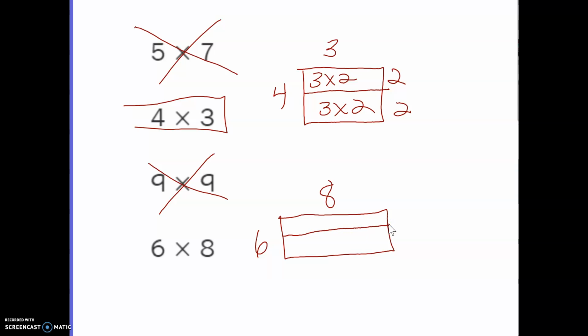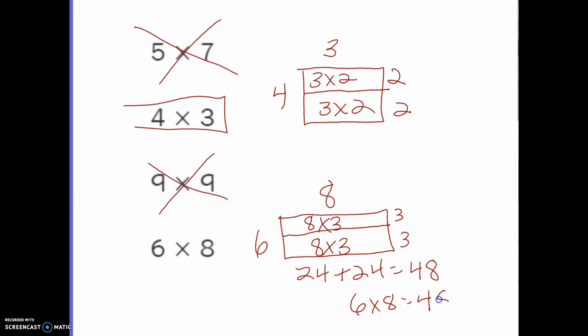So that's no longer one long side of 6. It's 2 short sides, and it's 3 and 3. So it would be 8 times 3 and 8 times 3. And that's going to be 24 plus 24, which equals 48. So 6 times 8 equals 48.